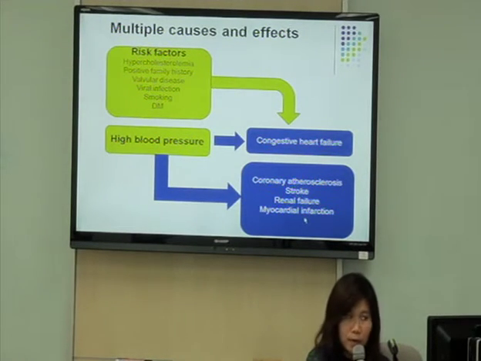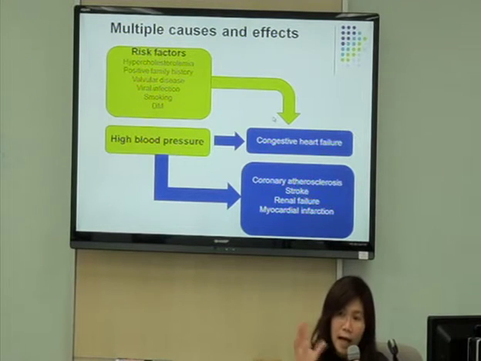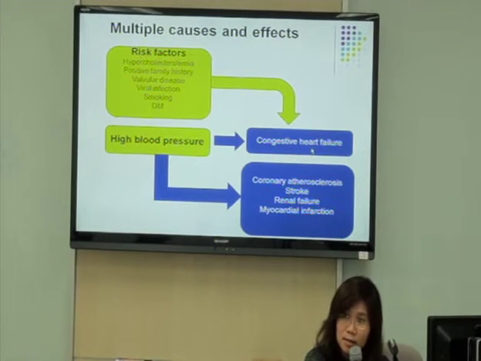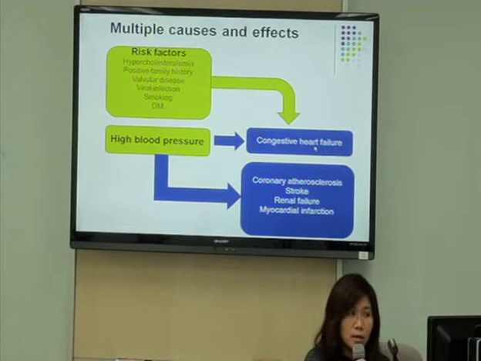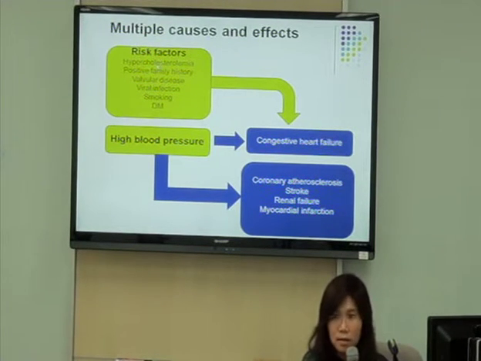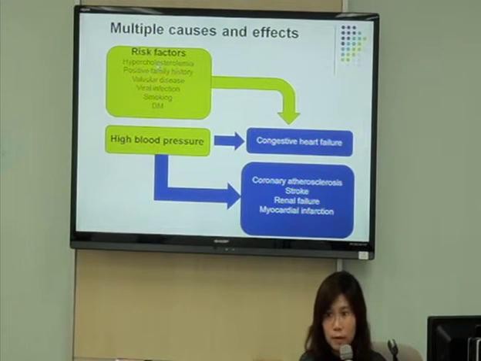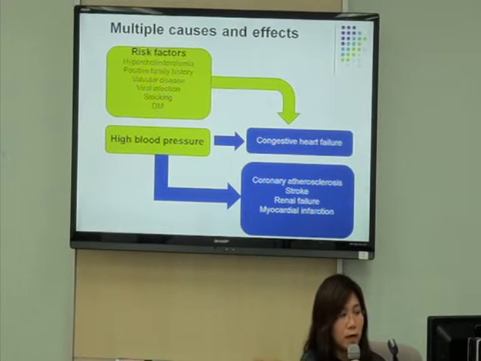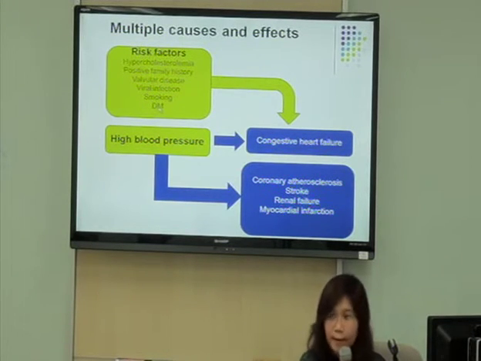And on the other hand, among one disease, if you focus on congestive heart failure, it can be associated with many other risk factors, like dyslipidemia, positive family history, valvular heart disease, viral infection, smoking, and DM.